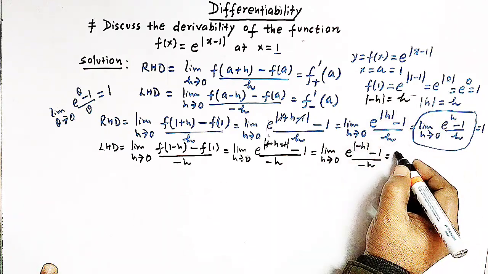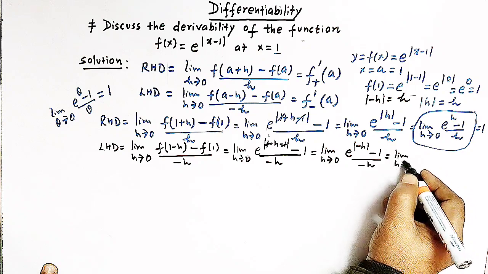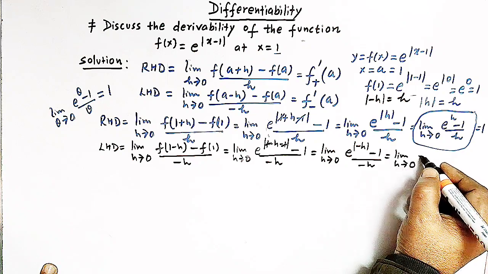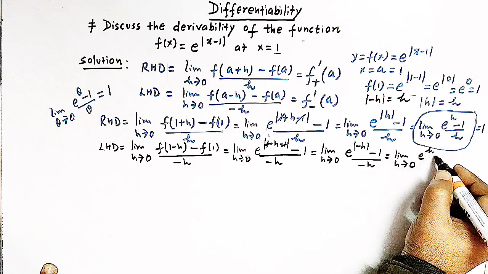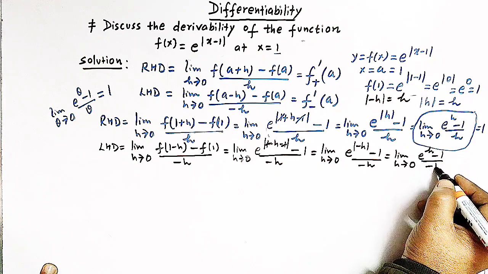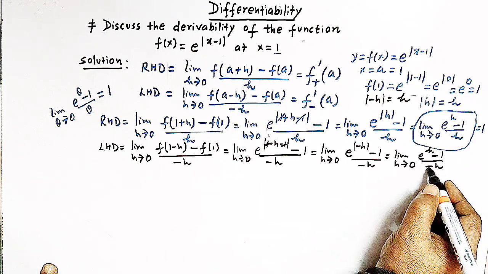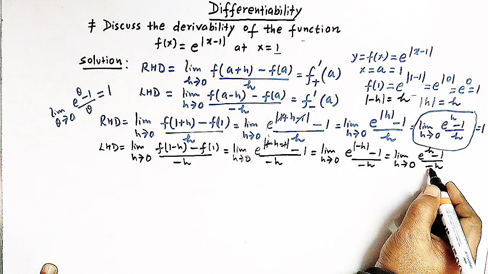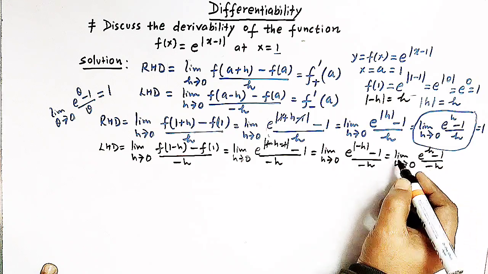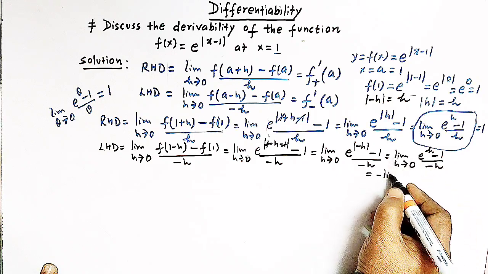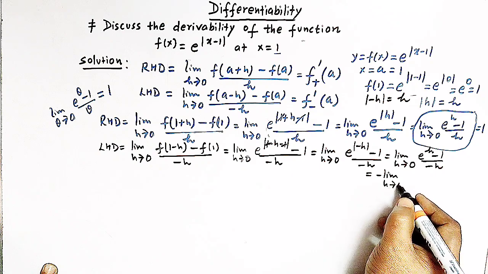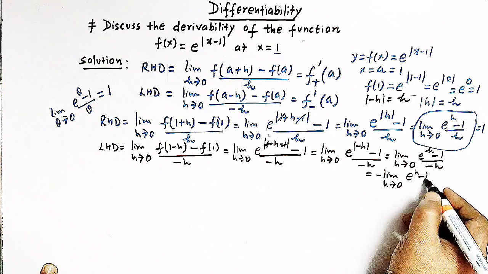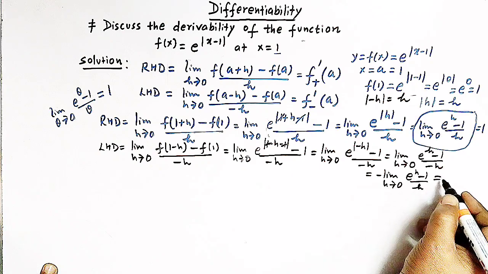So we can write limit h tends to 0, e raised to h minus 1 over minus h. Now if we take this negative sign in front of the limit notation, we can write minus limit h tends to 0 e raised to h minus 1 over h, right?